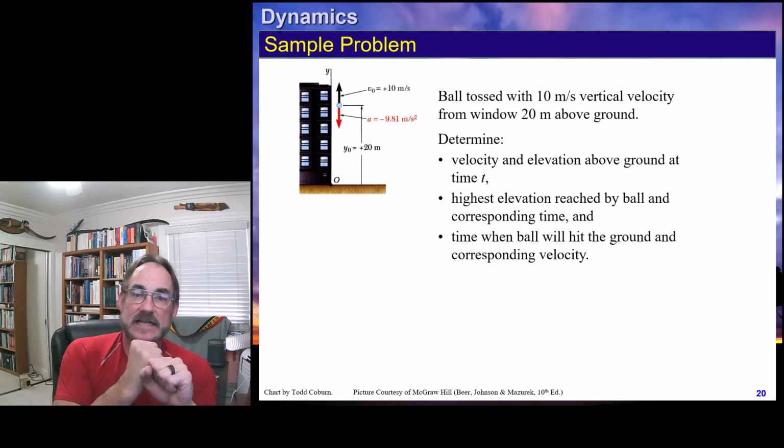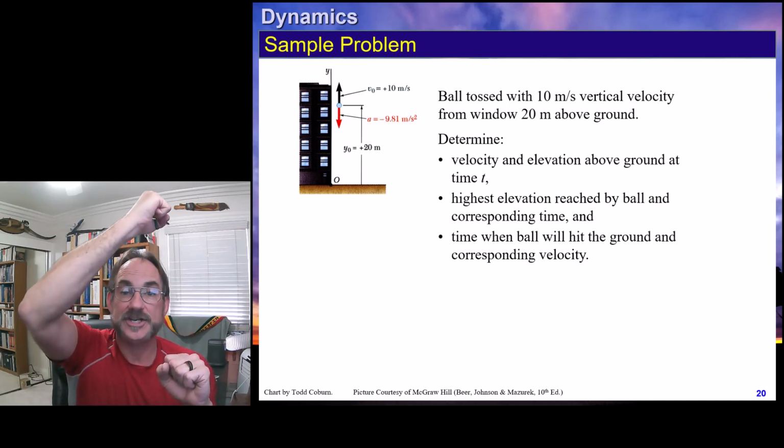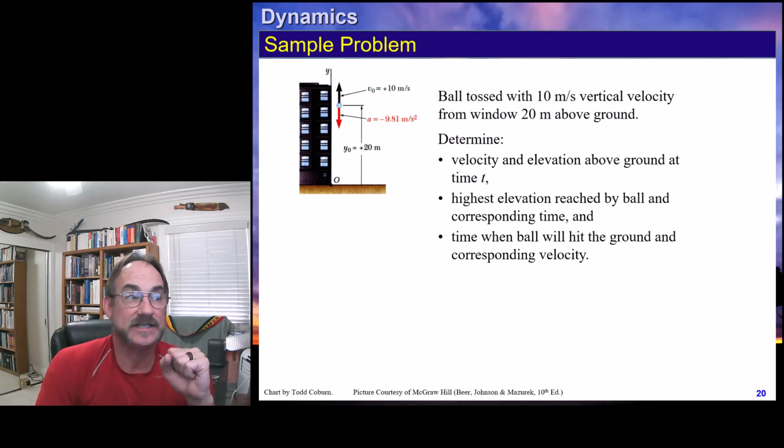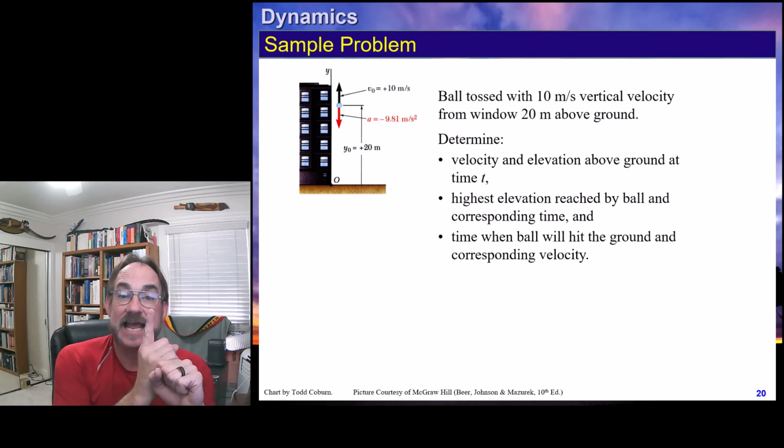What is the velocity initially? What's the position initially? What's the acceleration initially? Notice we're going to have different positions. We got position initial, which is 20. Position when it changes direction, we don't know what that is yet. Position when it ends, we know that's 0. We have initial velocity 10.